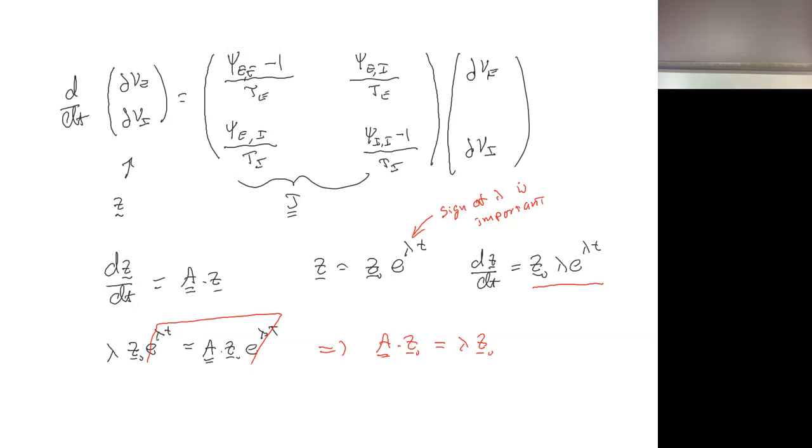So we're going to do this in general for a general matrix. We have A dot Z0 equals lambda Z0, and to find lambda, we use the determinant of A minus lambda times the identity equals 0. Again, a standard result from linear algebra. We can write this as the determinant of the matrix A11 minus lambda, A12, A21, A22 minus lambda.